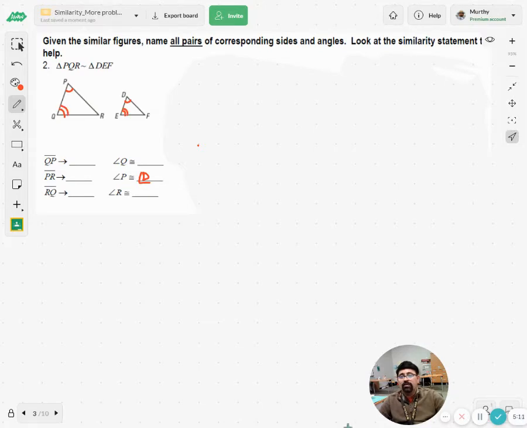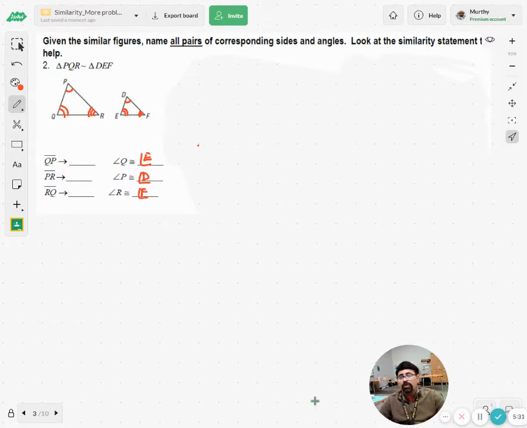Okay, so angle Q and E, these two are congruent. Next, when it comes to angle R, I'm drawing three lines so that it is different from the other two angles, angle R and angle F.